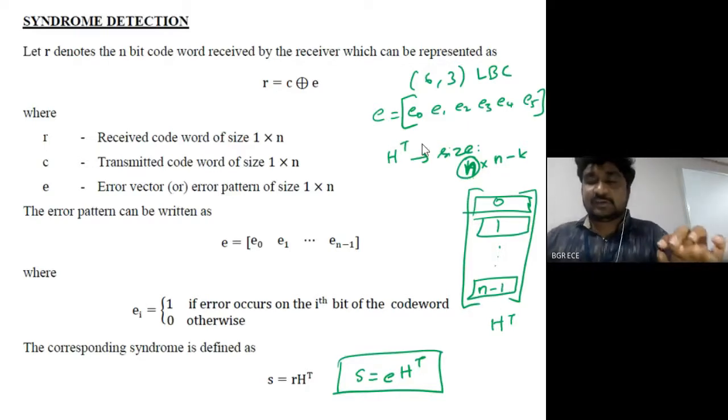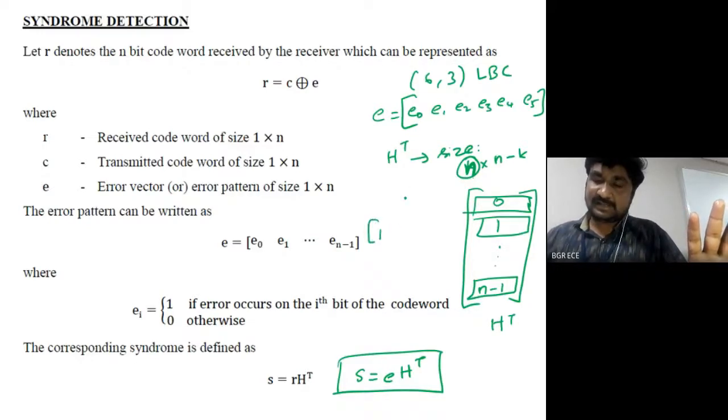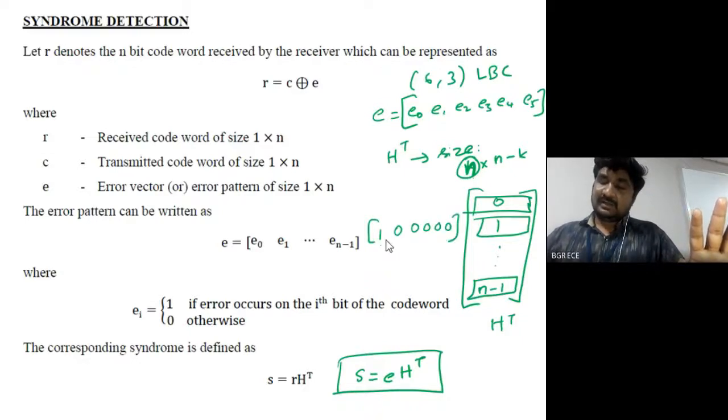And this error is going to have the value 1 if the particular bit has an error. If it does not have the error, it will be 0. So if the first bit is in error, E0 will be 1 and all other elements will be replaced by zeros. So the first row of H transpose will be the value of the syndrome.